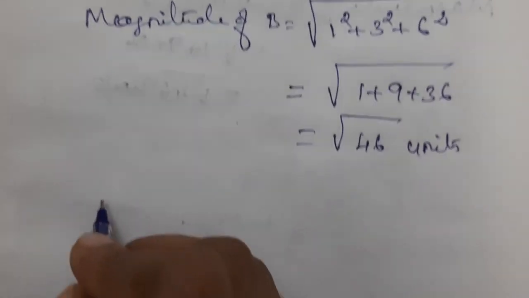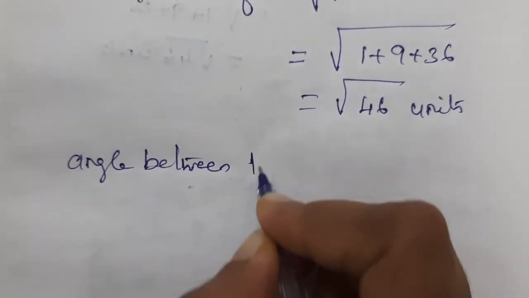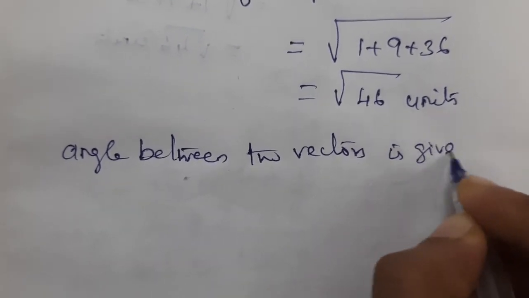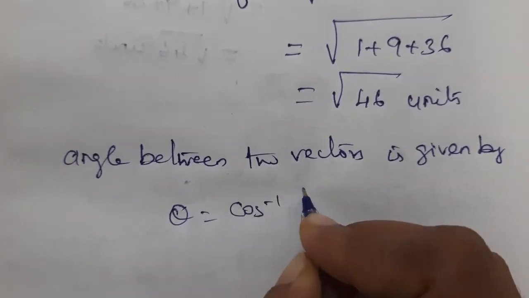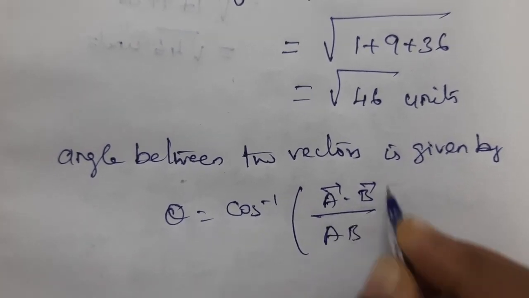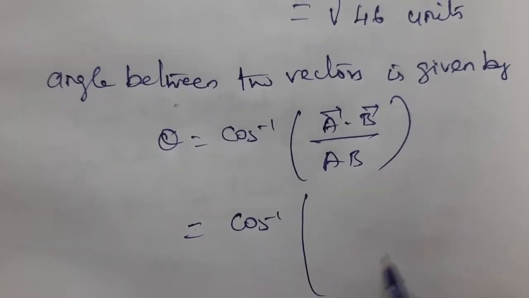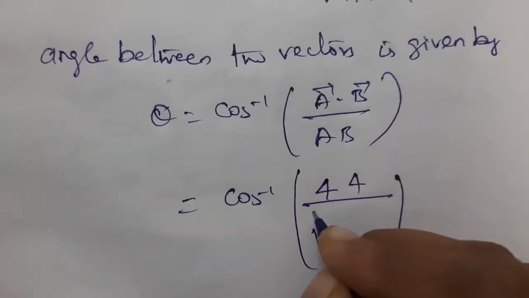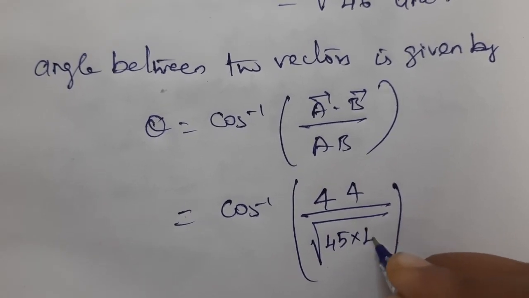Next, the angle between them. The angle between the two vectors is given by theta equal to cos inverse of A dot B divided by AB. So cos inverse of A dot B, which is 44, divided by A, that is square root of 45, into B, that is square root of 46.